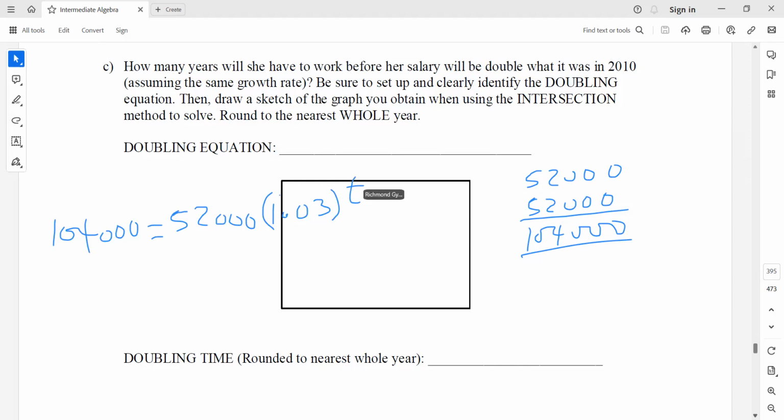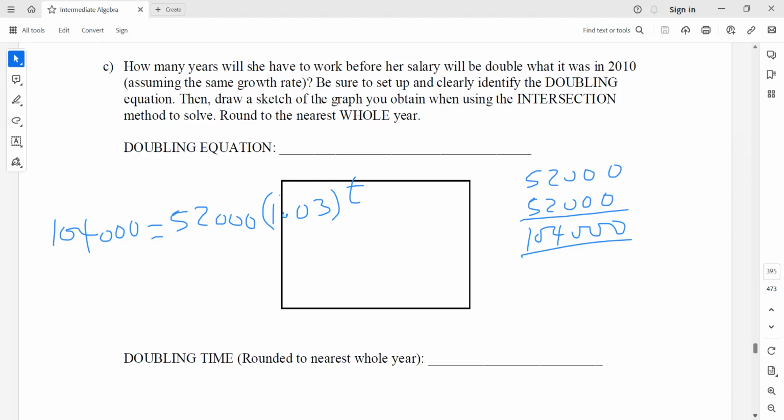Now, when you have these types of questions, you could put these in the calculator as y1, y2, or you could fix it a little bit before you go to the calculator. If you keep it as this, it's fine, but if you want to fix it a little bit, you could also do that.